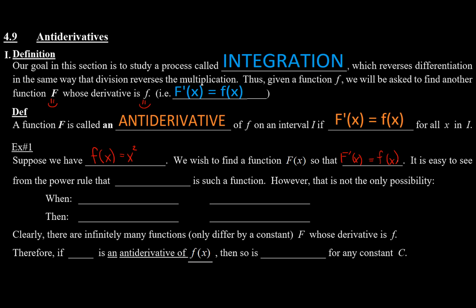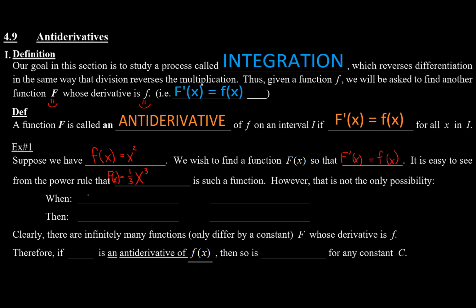Remember, when I take the derivative, the power goes down, right? So the antiderivative of this is going to go up. Now next, remember, I multiply by the power in front, but there is no number there, so I must be dividing by that power in front.